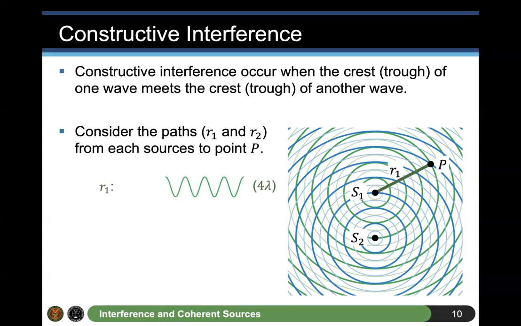Okay? So, R1 na to, so again, kunin natin yung cross-section as we traverse from S1 to point P. Ito yung makikita natin. So, kay S1, crest siya. Okay? And then may trough, and then crest, trough, crest, hanggang kay point P. So, ilan yung crest na nadadaanan mo from S1 to point P?